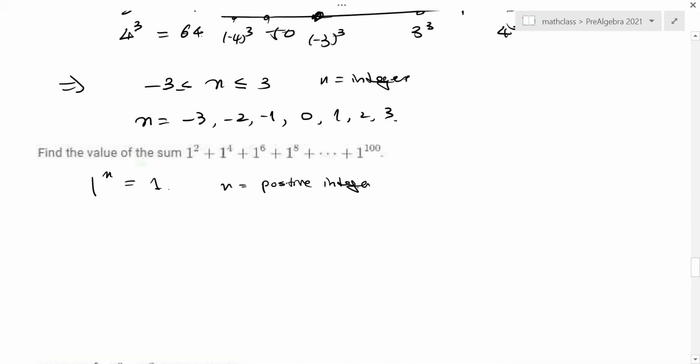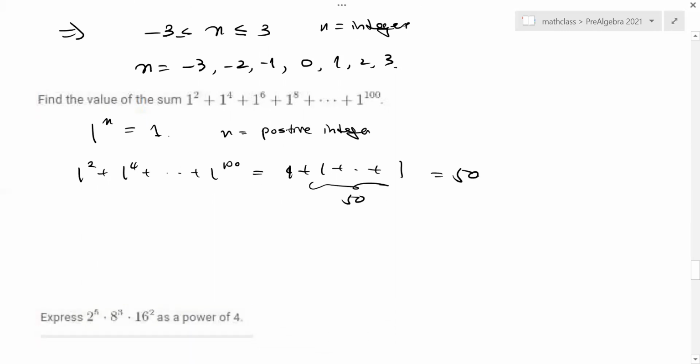Then you just need to count how many ones there are. There are 50. So that's 1 plus 1 all the way to 1, and here's 50. So that's why it's 50. Okay. So that's it.